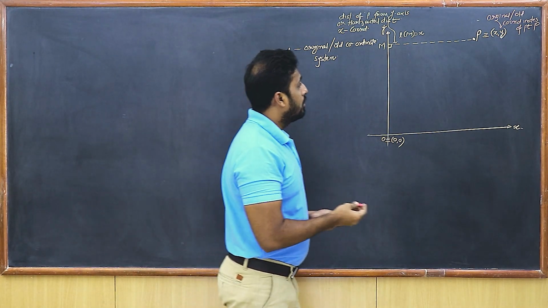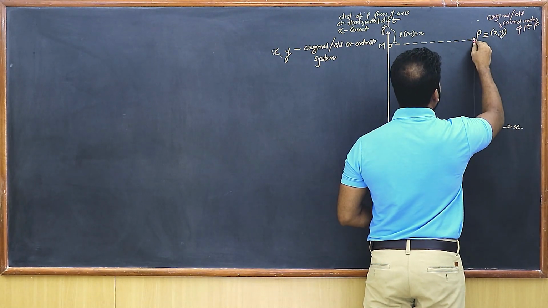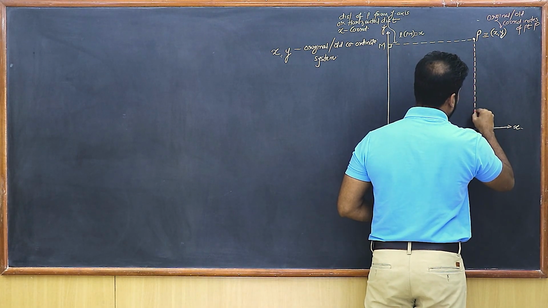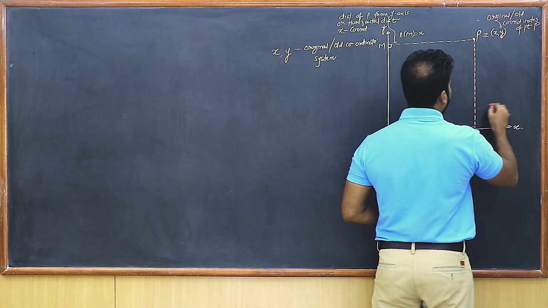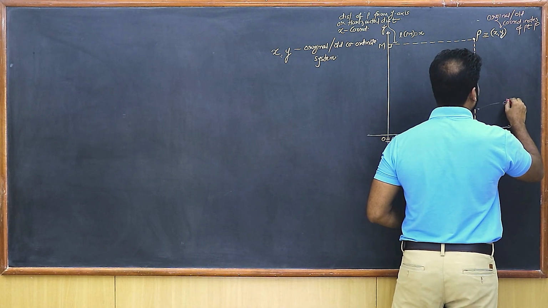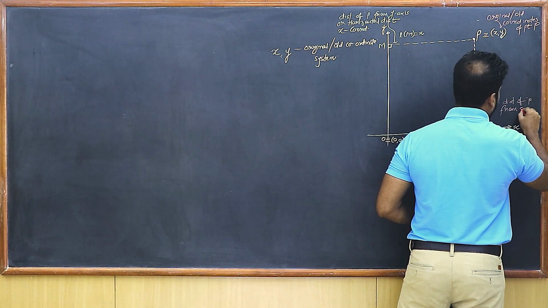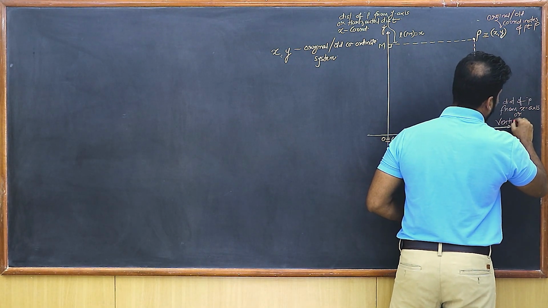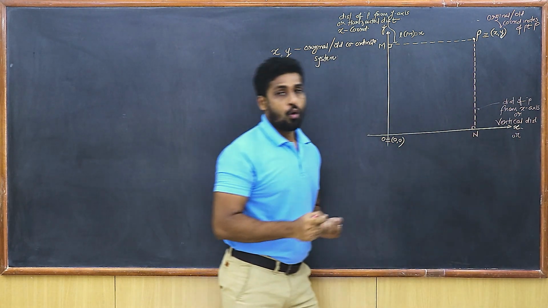Likewise, I'm going to draw the perpendicular from point P on the x-axis. So this is the perpendicular which is drawn from point P on the x-axis, isn't it? So let us call this PN. So who is PN? PN is the vertical distance, isn't it? Or I can say the distance of point P from the x-axis, or the vertical distance, and it becomes the y coordinate of the point.